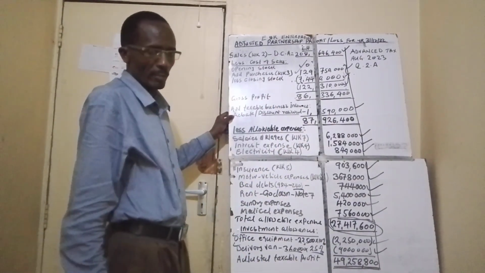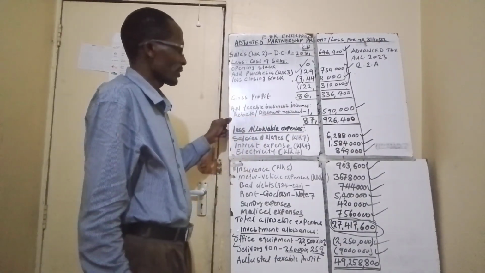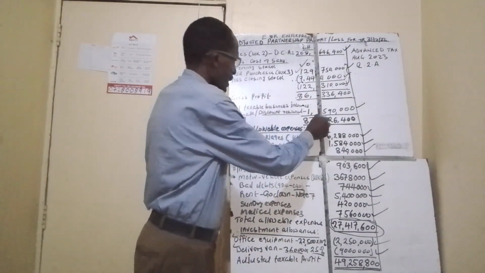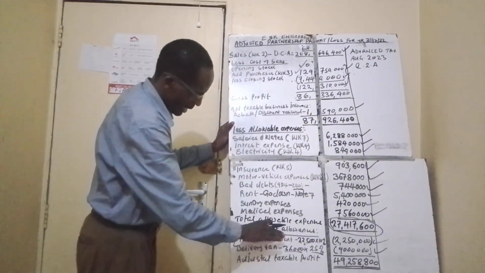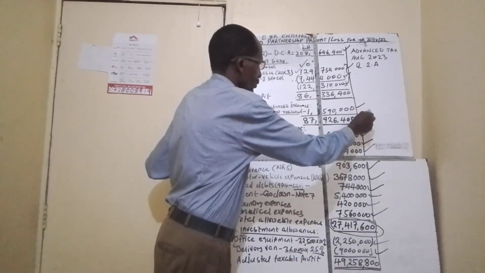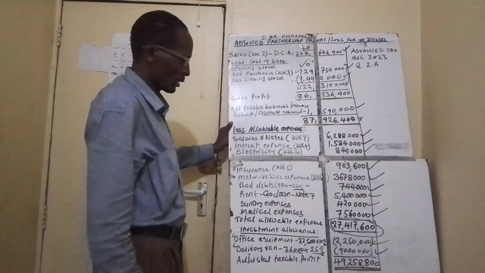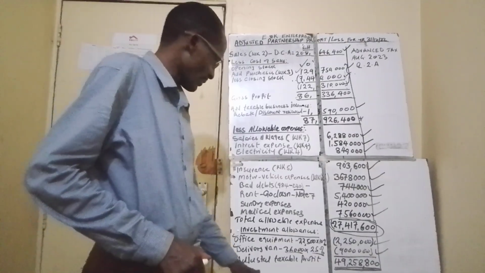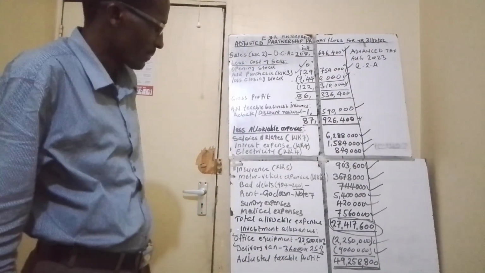The only taxable business income was rebate or discount received, 1,590,000. Then we less now allowable expenses and investment allowances. So from this point here, we less all these items, we are left with 49,258,800. That is the adjusted taxable profit.